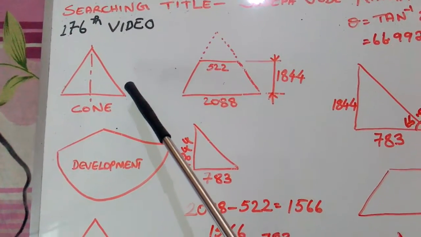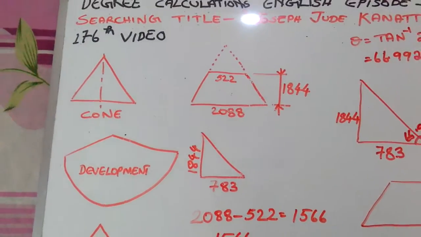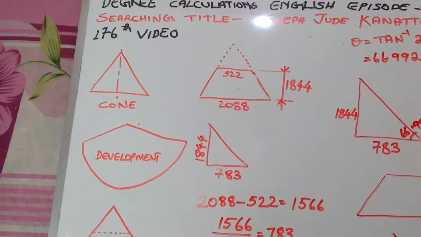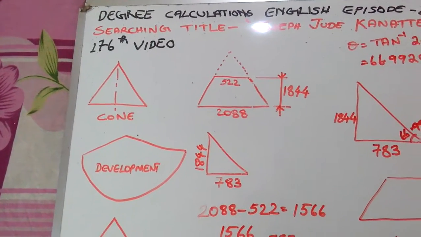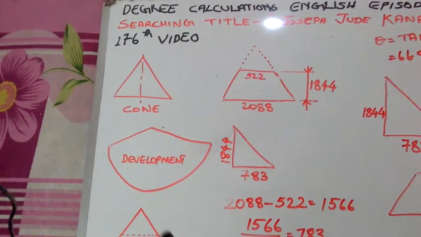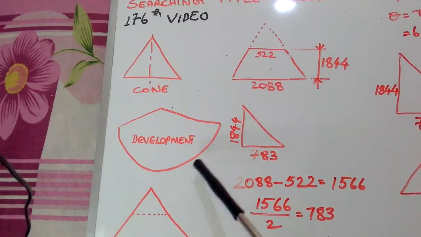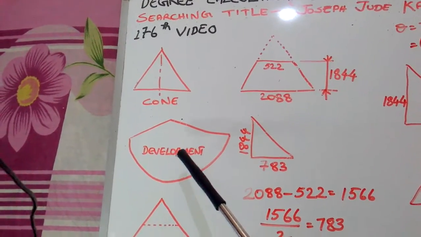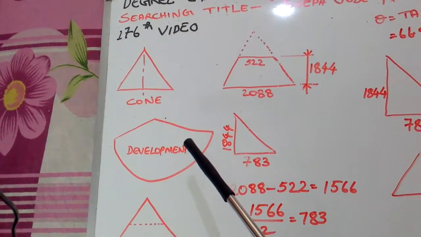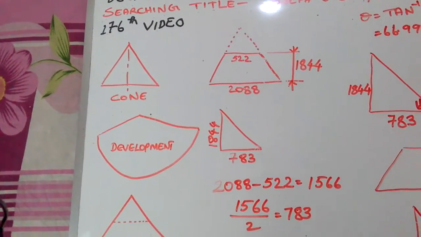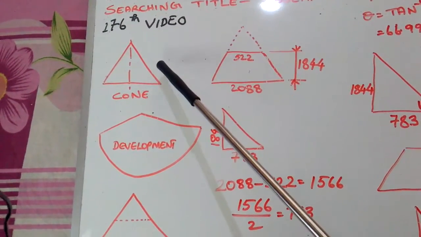But before making this cone, it had one shape. After marking, when we cut, it will have approximately this kind of shape. This shape is called development. We will bend or roll it, and afterwards this development will become like this.